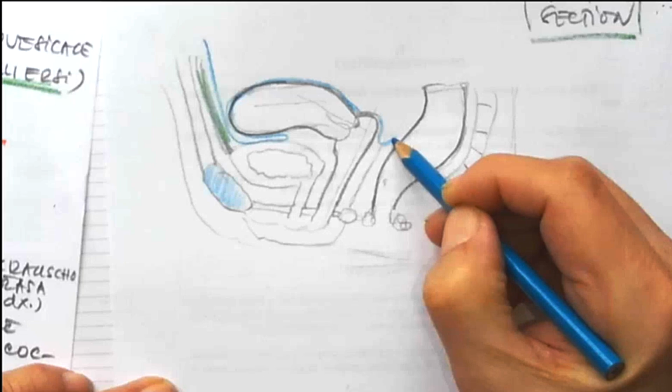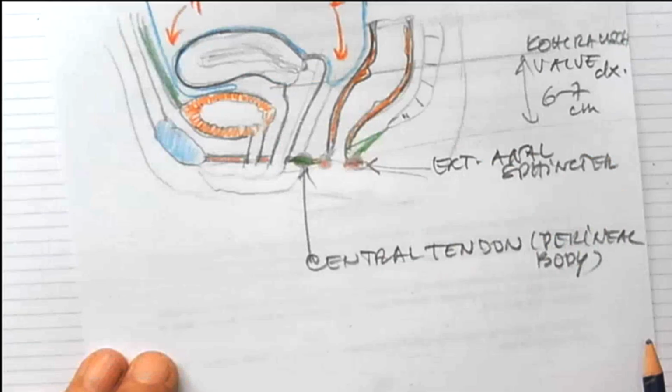correct. And then here is the central tendon. Don't forget, central tendon, or we call it so, perineal body. So central tendon or perineal body, important in obstetrics and gynecology. I mean, that is sufficient.